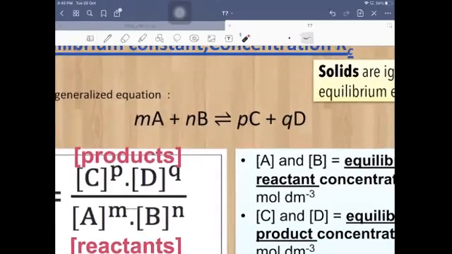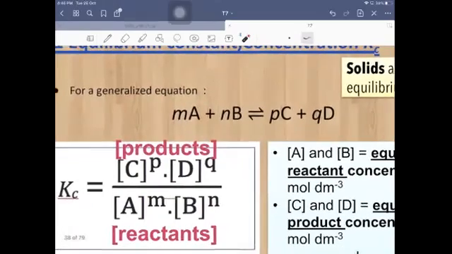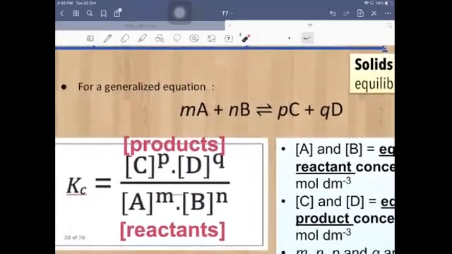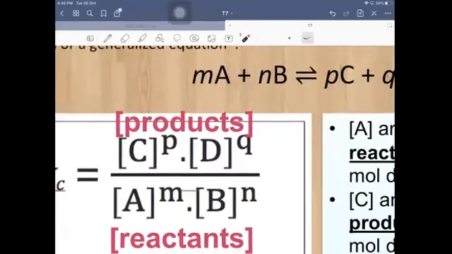To write down Kc, Kc is an expression that has a numerator and a denominator. So on the top, the numerator, we have the concentration of products. For this topic, and from here on, concentration is written as a square bracket, okay?